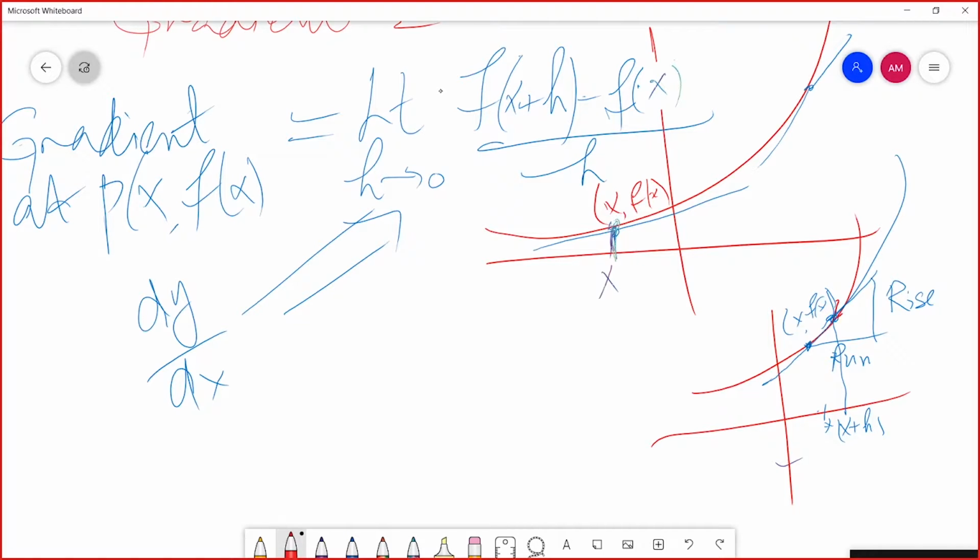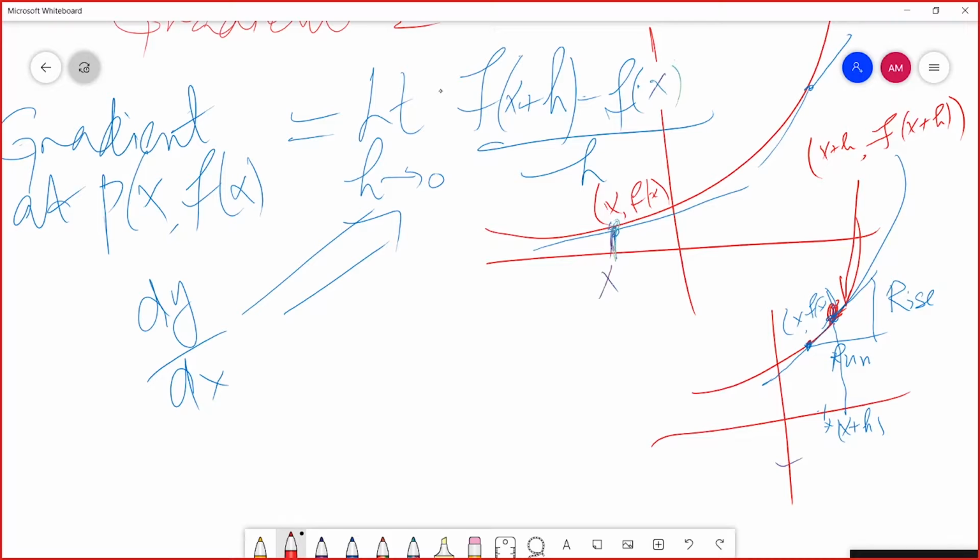Should I make another diagram, or are you good with this? I'm good with this. So this is actually f(x + h). So this is the point x + h comma f(x + h). Do you see this point? Yep. And this point is x, f(x).